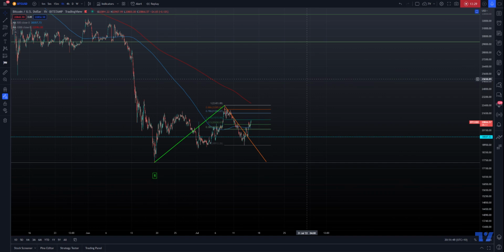But in terms of pattern trading and price prediction on the short term, there's no reason why you can't learn how to do that. And I'm going to be showing you how this works over the next few months, and we'll see how that goes.